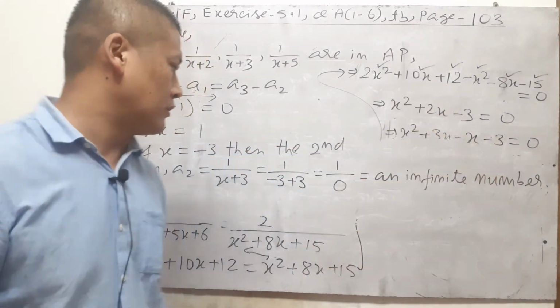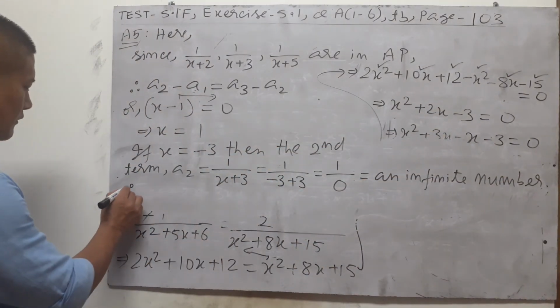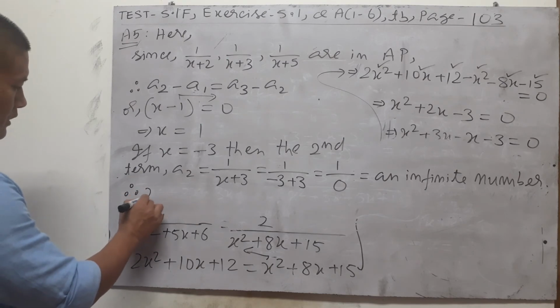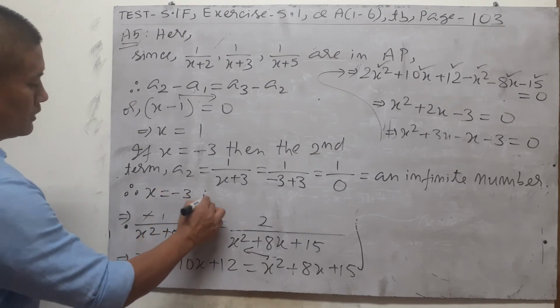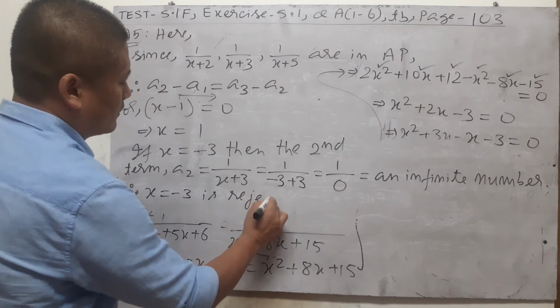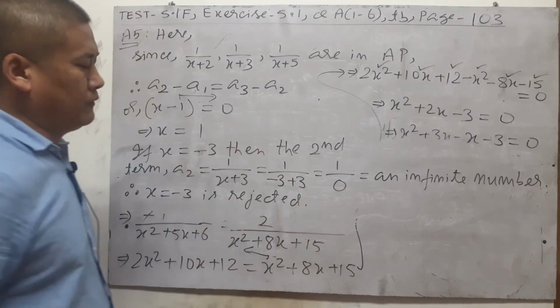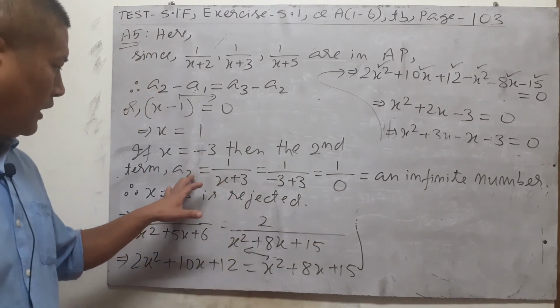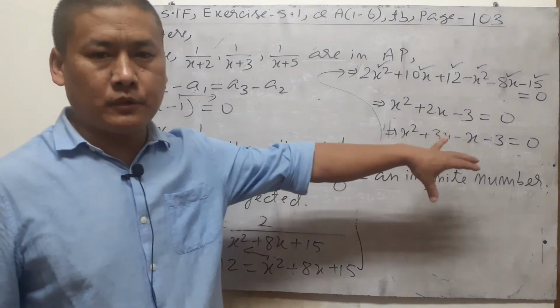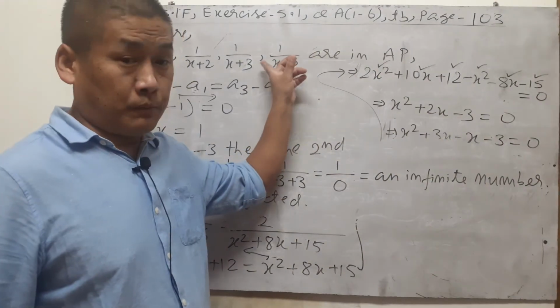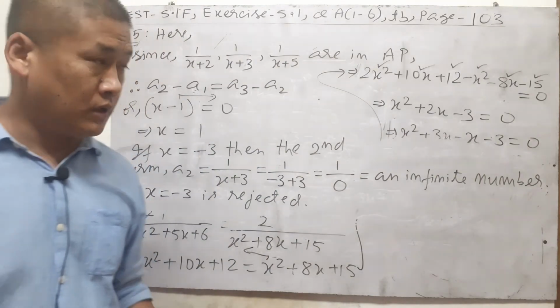That is not possible. So in other words, therefore x equal to minus 3 is rejected, because if x equal to minus 3, then the second term a2 is turning out to be an infinite number, which will not satisfy the AP condition because it cannot be an infinite number.